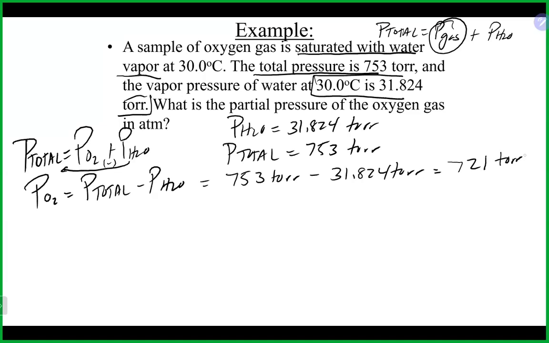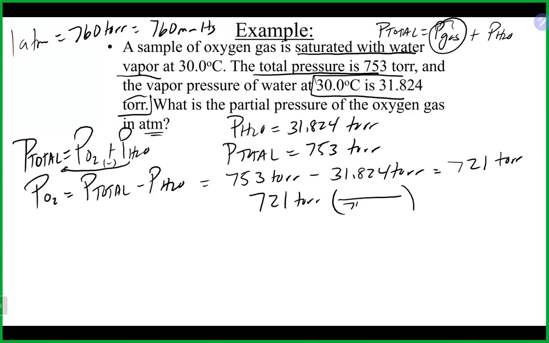torr in this case. We do want atmospheres, so remember that 1 atmosphere is equal to 760 torr and 760 millimeters of mercury. So we'll take our 721 torr and divide it by 760 to convert it into atmospheres.